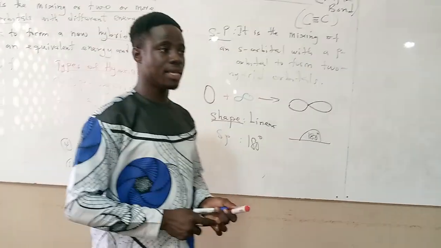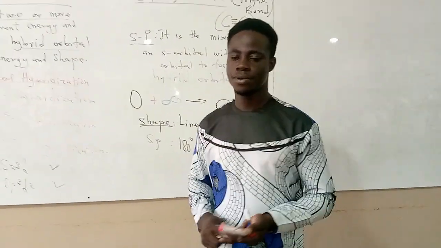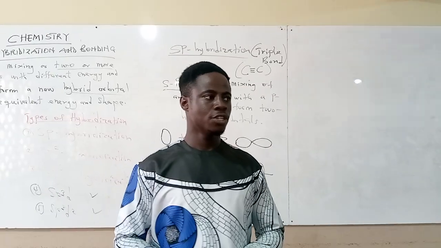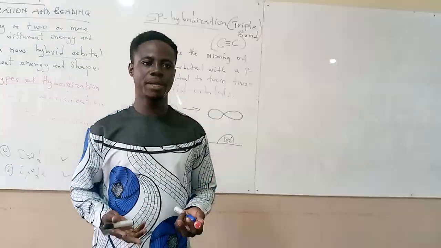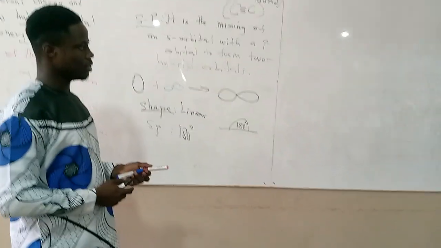So these are the basic things you'll be asked: the shape, the number of hybrid orbitals, and the bond angle. It is linear in shape, it has two hybrid orbitals, and the bond angle is 180 degrees.